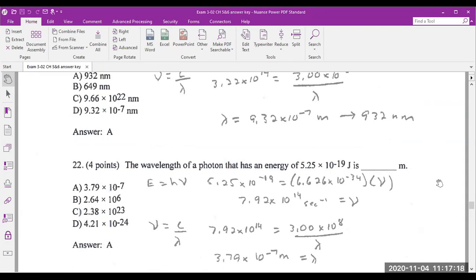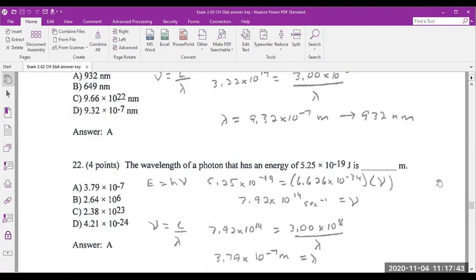22, the wavelength of a photon that has energy of 5.25 times 10 to the minus 19 joules is how many meters? So since we're talking about energy and we want to get to wavelength, we know we're going to have to convert to frequency. And that's where this first formula, energy equals h times frequency, h is Planck's constant.